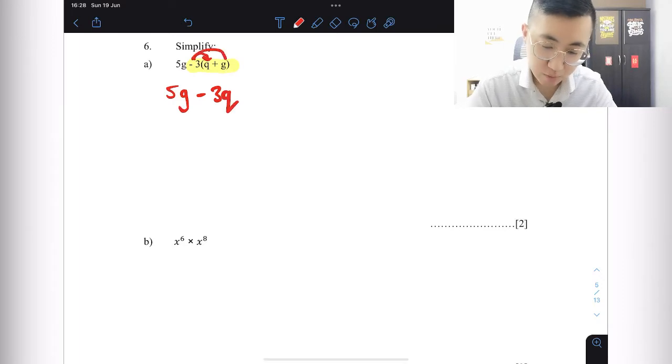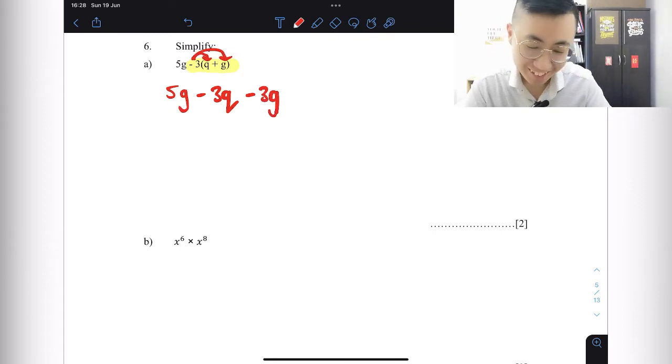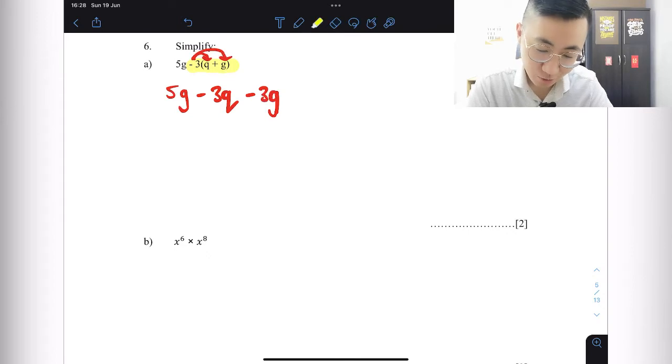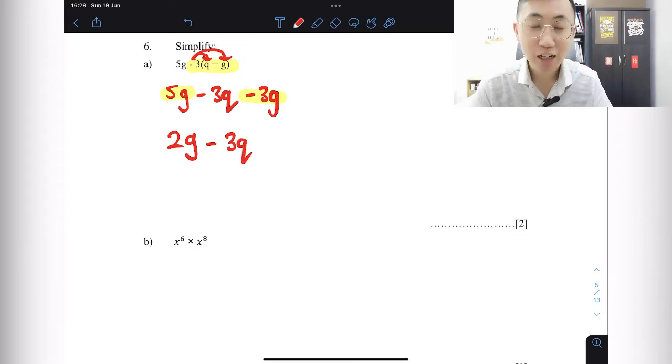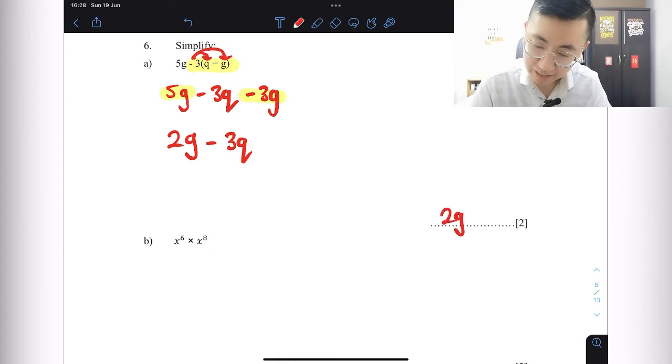Negative 3 times g will give you negative 3g. Okay, so almost right q. Okay, so after that you are going to simplify. So teacher can see 5g minus 3g, that will be 2g minus 3q. Okay, so g and q are different family, you can't do anything. Then you log in the final answer, 2g minus 3q.